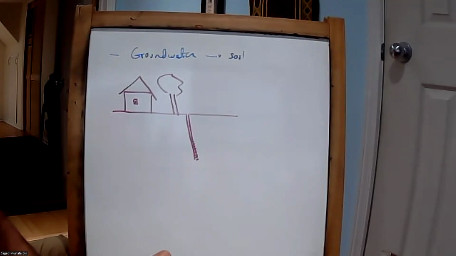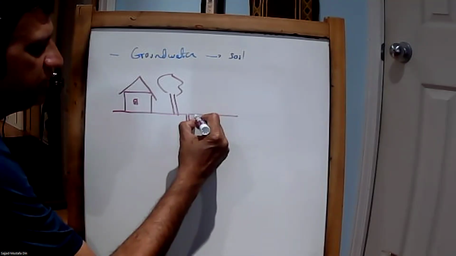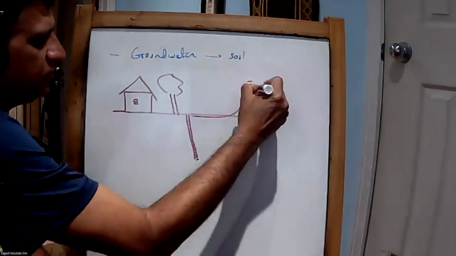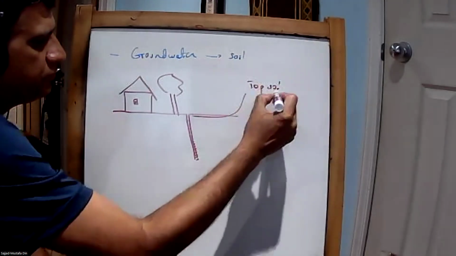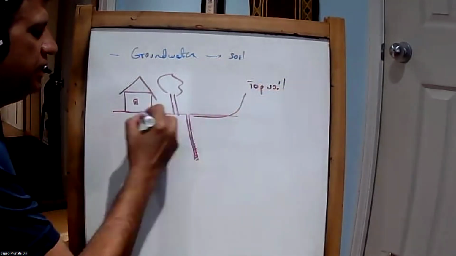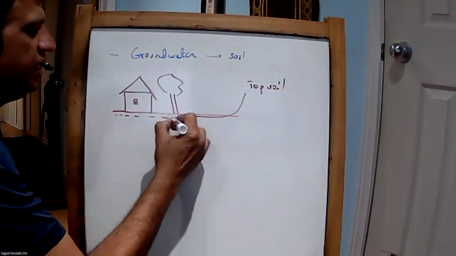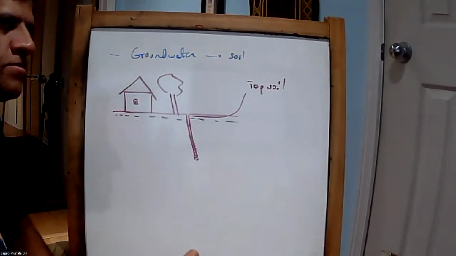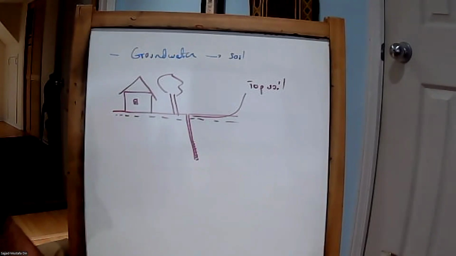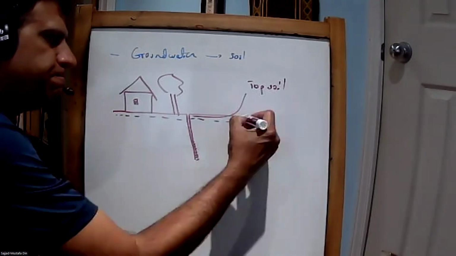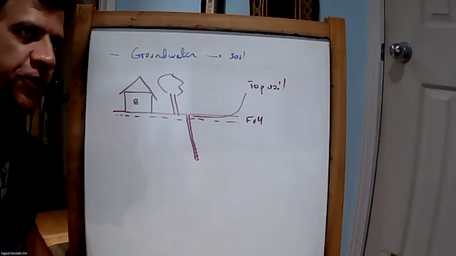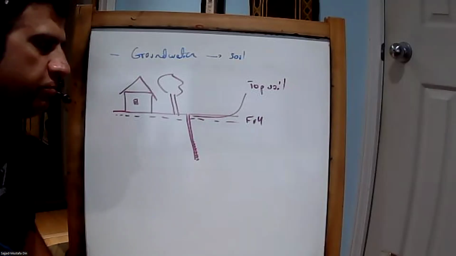When we look at a soil sampling event or a drilling event, generally we'll find topsoil. The topsoil might be only a few inches thick, but in many cases, we will find a layer of fill. And what is that? That is soil or material that has been placed by humans in construction.